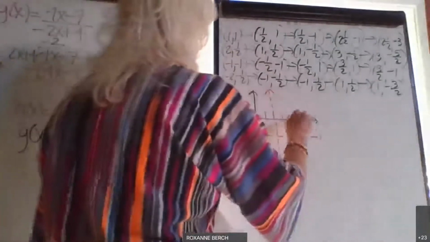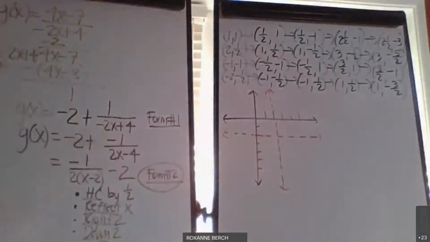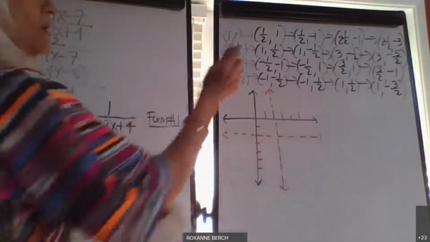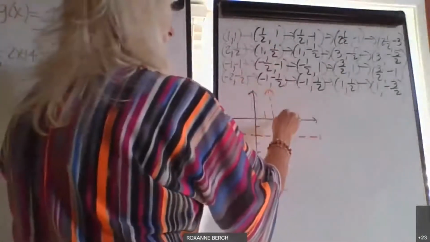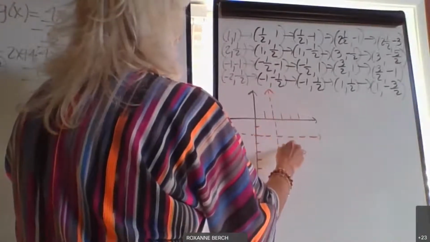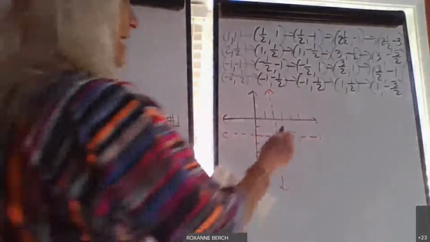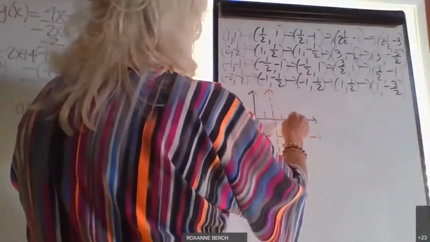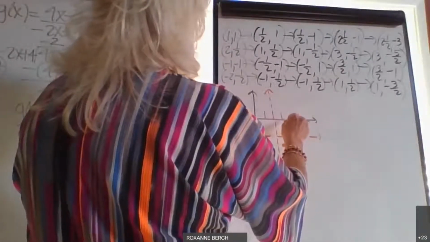Let's graph the points. The points would be right 2.5, down 3, and right 3, down 2.5.